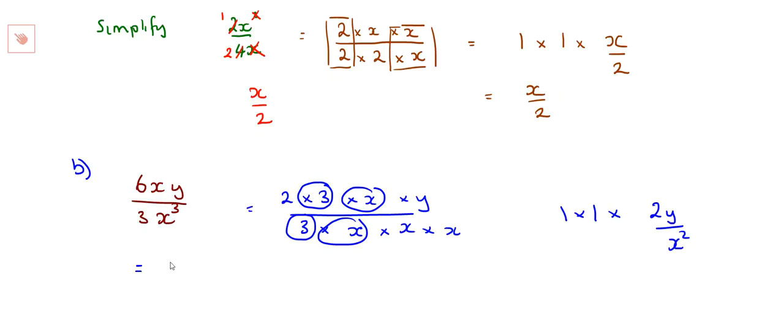So this would equal 2y over x squared. This is pretty easy. Again, if I did it the quick way, feel free to not worry about it. But I would say, right, 6 and 3 cancels down to the 1 and the 2. The x cancels with one of these x's, so that becomes a 2. And then that's it. So I get 2y over x squared.